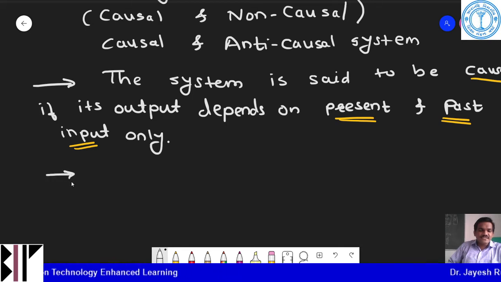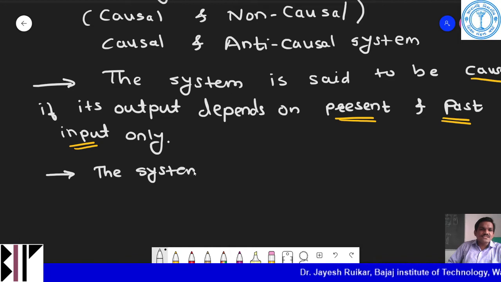For a non-causal system, it depends on future input also.